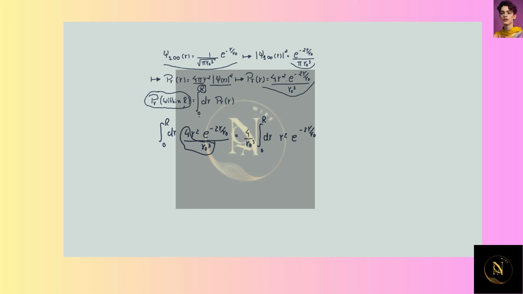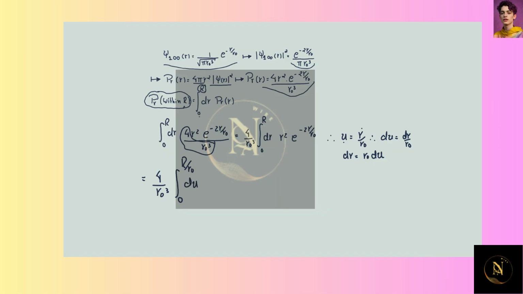Now we do a simple substitution by defining u as being equal to r divided by r0. With that, we have du is equal to dr divided by r0, and then dr is equal to r0 times du. So now we have 4 divided by r0 cubed times the integral from 0 to, when r is equal to capital R, u is equal to capital R divided by r0. The integral is now on du, but remember dr is equal to r0 du.